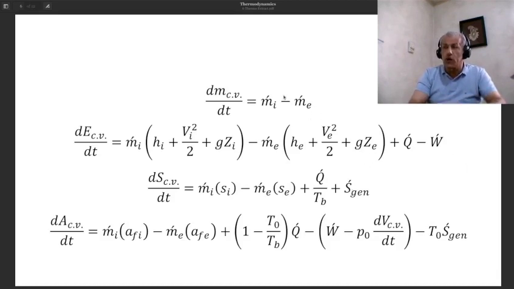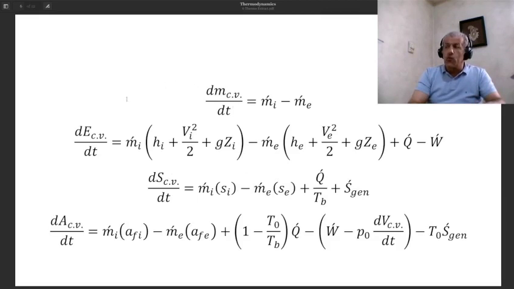If you only need one equation, that's fair enough. Leave the other aside. But you might need two or more, you might need all three of them to solve the problem. And as you progress in learning thermodynamics, you would also learn how to apply these equations together. But this general structure is the same.